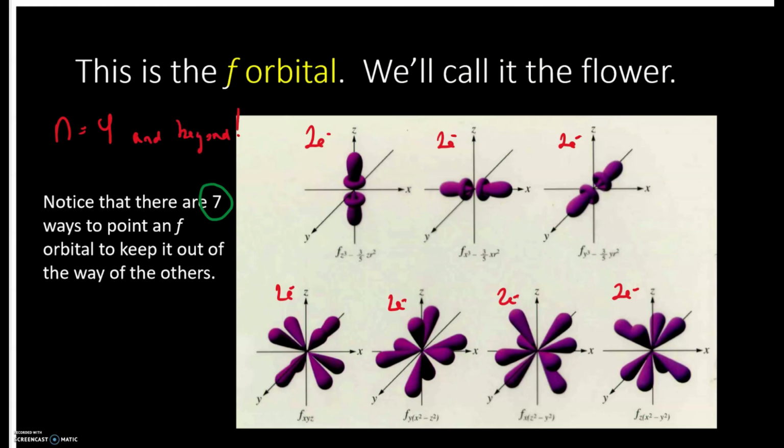And for our purposes in this class, f is the last type of orbital. So we're not worrying about anything weirder than this, even though there are. We're not going to worry about them. Okay?